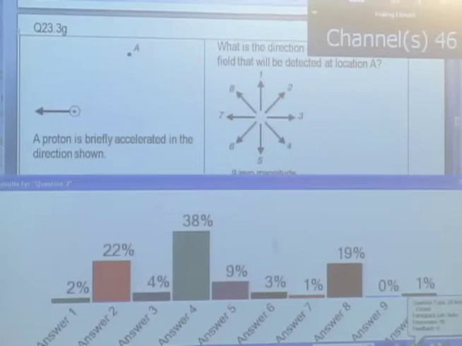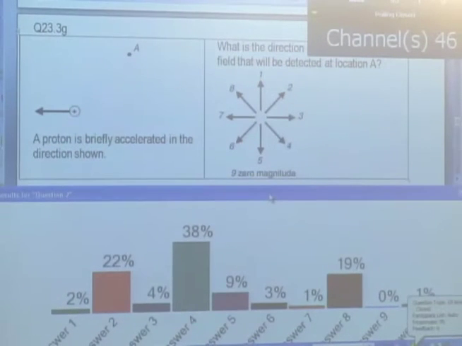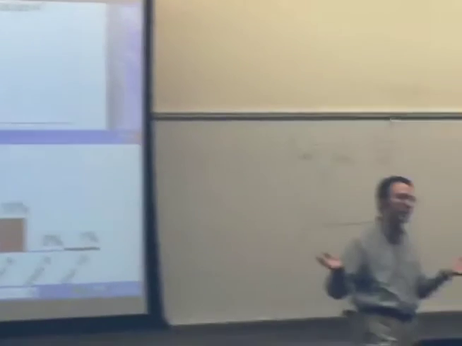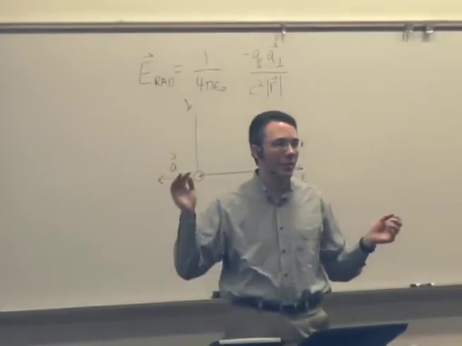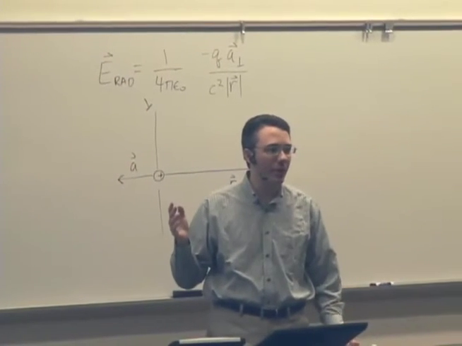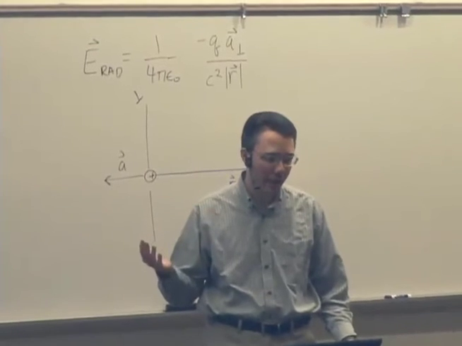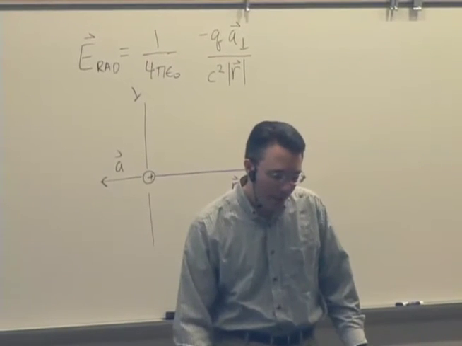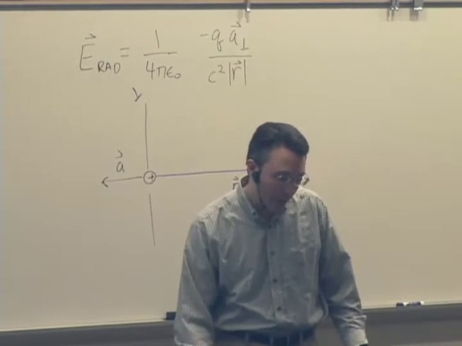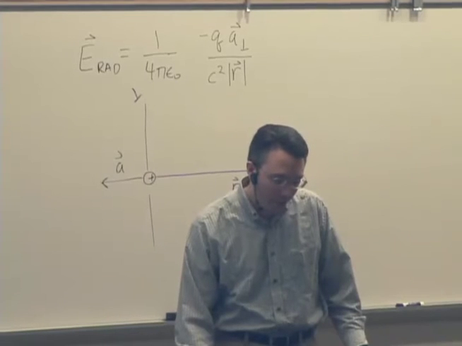We have a strong vote for 2. Well, 2 is the direction that points from the charge to the observation location. 2 is the direction of propagation, the r vector, but that's not the direction of the radiative electric field that you would detect.